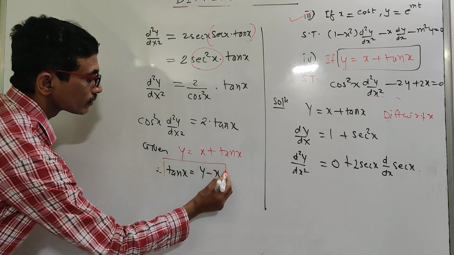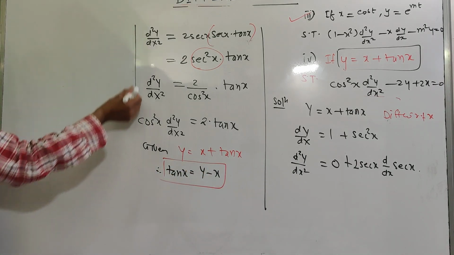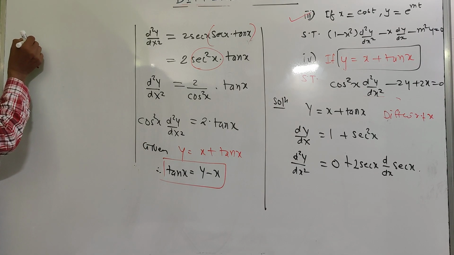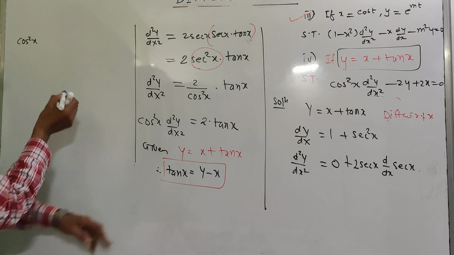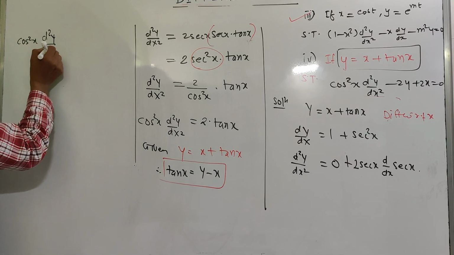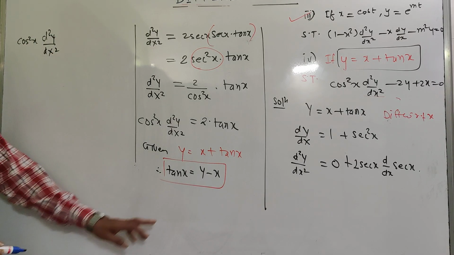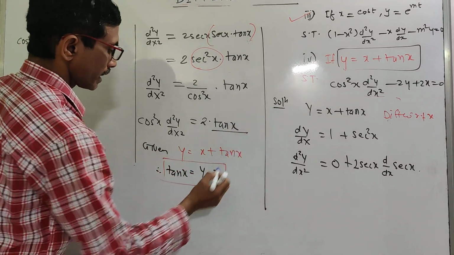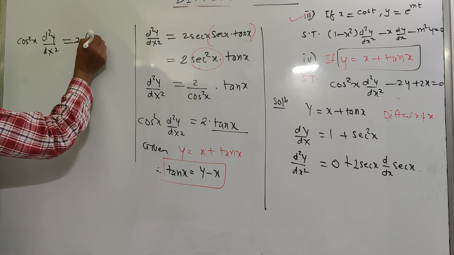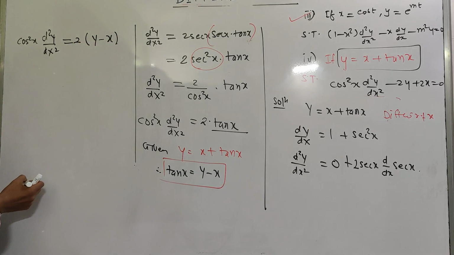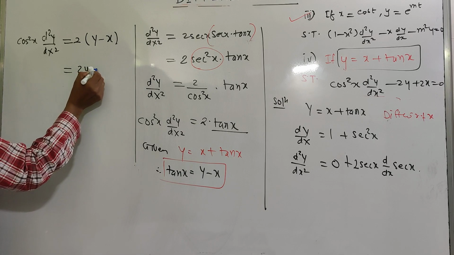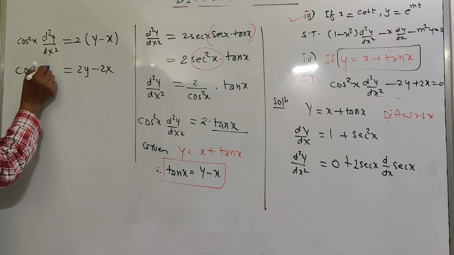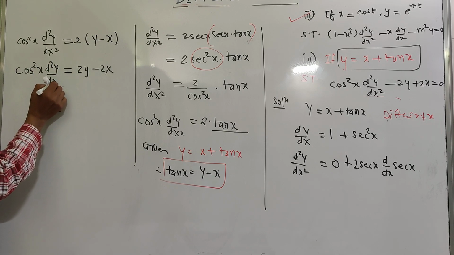So this we substitute over here and we'll be getting cos square x d square y by dx square is equal to 2 times tan x. So tan x is y minus x, which is 2y minus 2x.